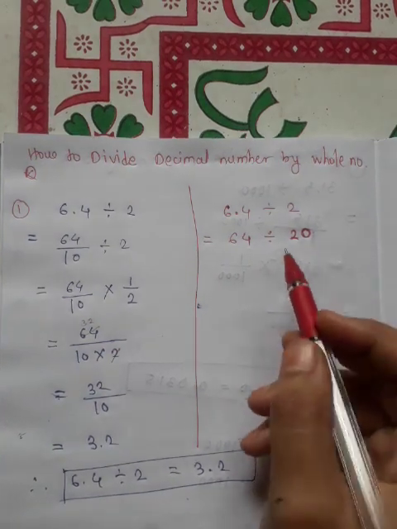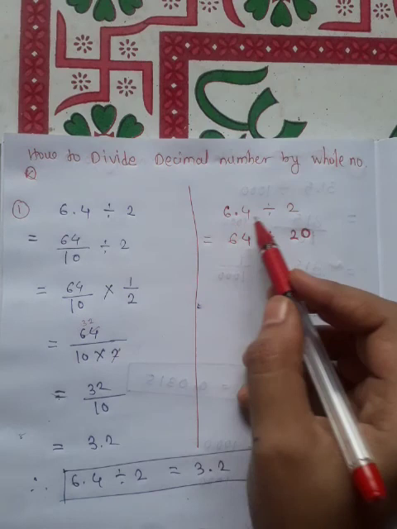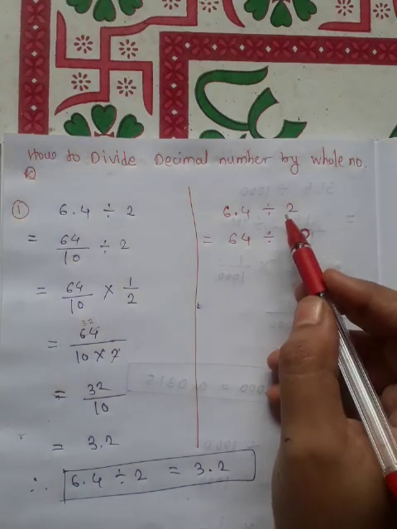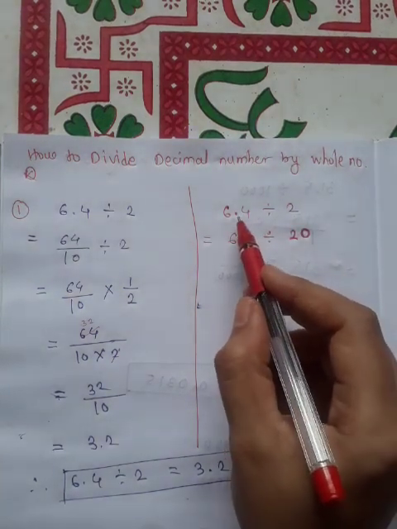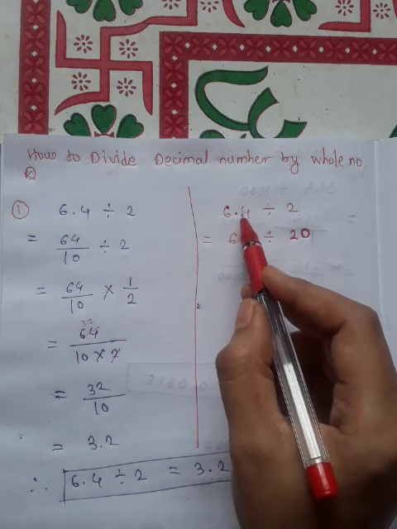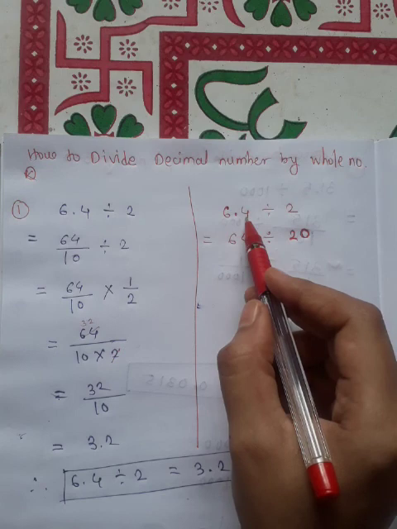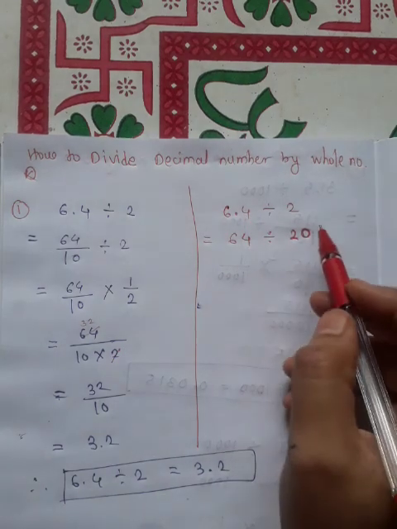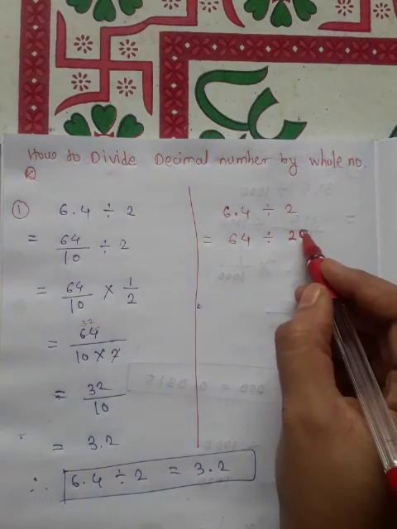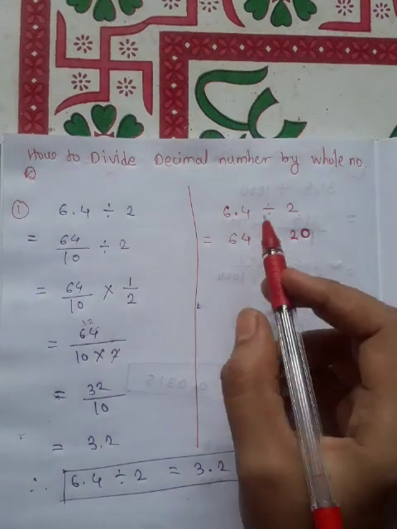So what is our first step? When we divide any decimal number by a whole number, what is our first step? Count the digits after the decimal. See, there is one digit after the decimal, so put one zero in the divisor and remove that decimal point.